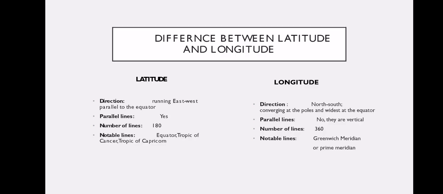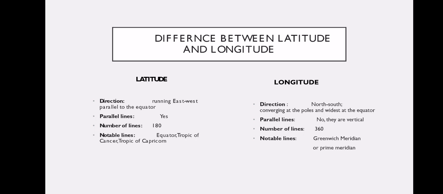Now, let us see the difference between latitudes and longitudes. The latitudes are imaginary lines, and their direction on the globe is from east to west. Because if we look at the globe, these are the lines running from east to west, parallel to the equator. They are known as parallel lines.